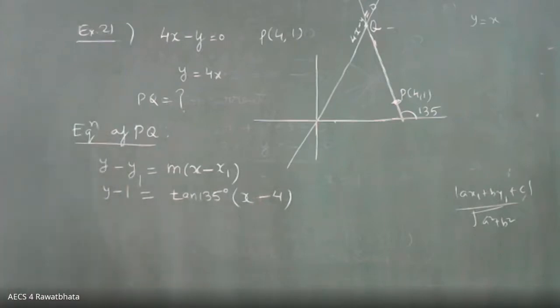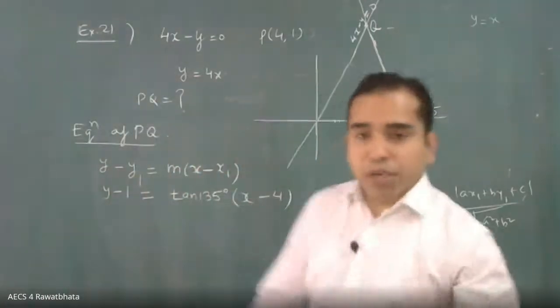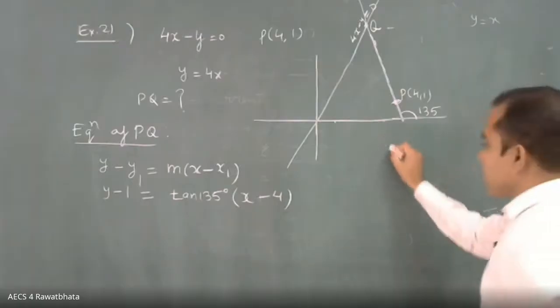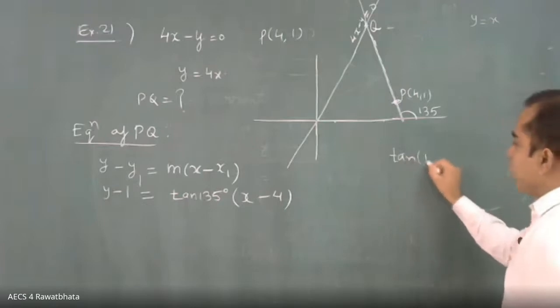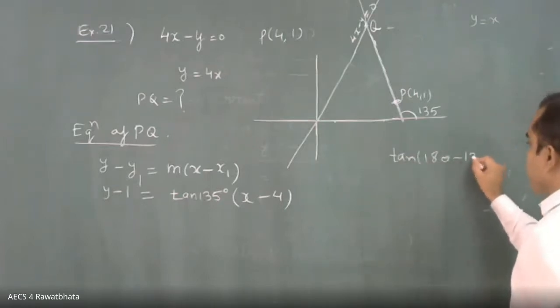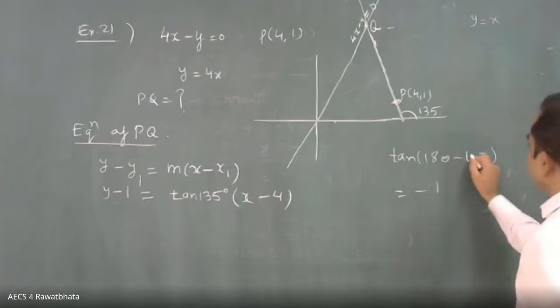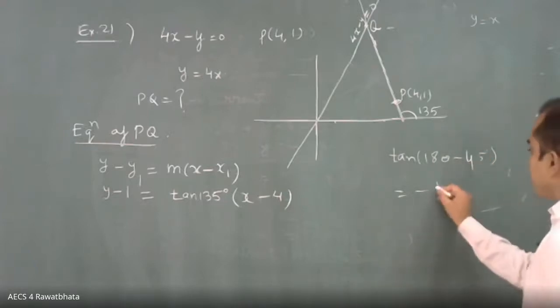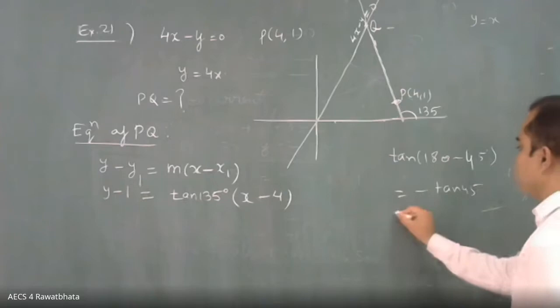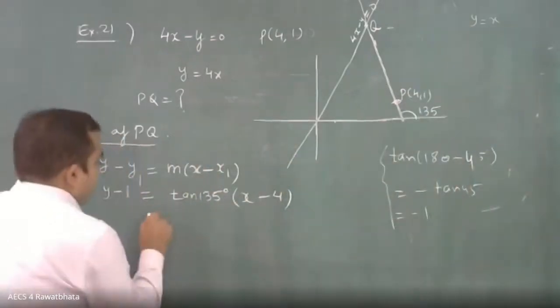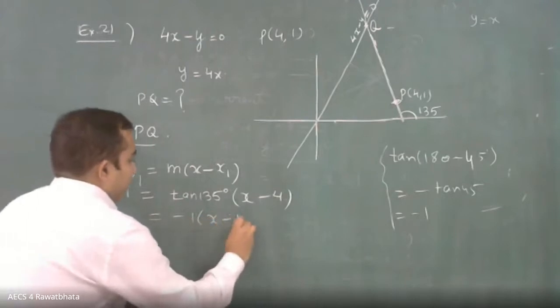What should be the value of tan 135? Say it, students. Minus 1. How did minus 1 come? It came as tan of 180 minus 45, which is minus tan 45, so minus 1. So take it out separately and put it directly there. So this will be minus 1 into x minus 4.